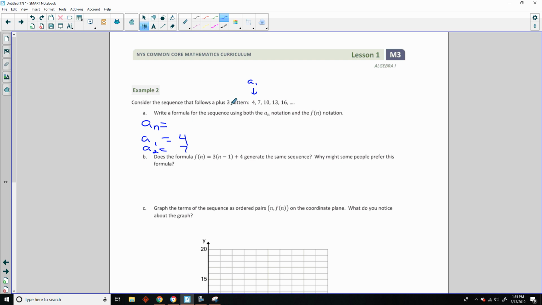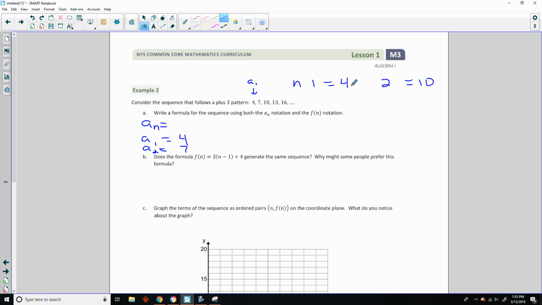But in this case, we're doing something to 1 to get 4. We're doing something to 2 to get 10. So with n in mind as well, it's not 4 times n, it's not 3 times n. 3 times 1 is 3.